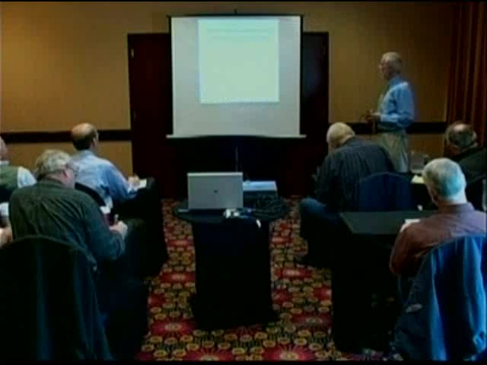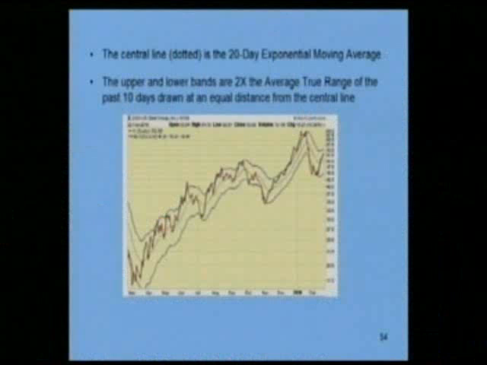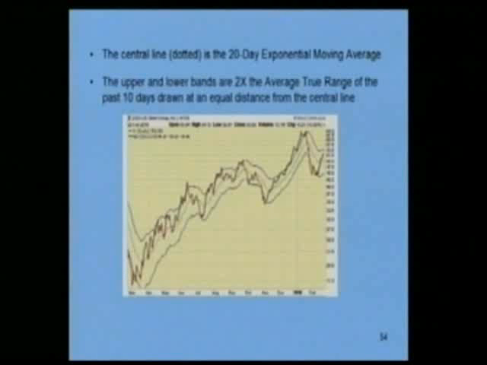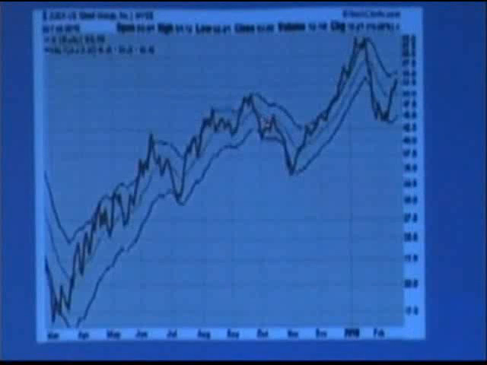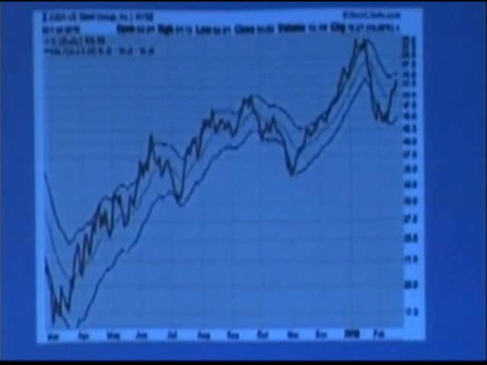Now basically the way the Keltner channels work is there's the center channel right here, which is a dotted line, the 20-day moving average for the stock. Then there's an upper band and a lower band, and the distance from the center to the upper band and from the center to the lower band is 2 times the average true range of the past 10 days.